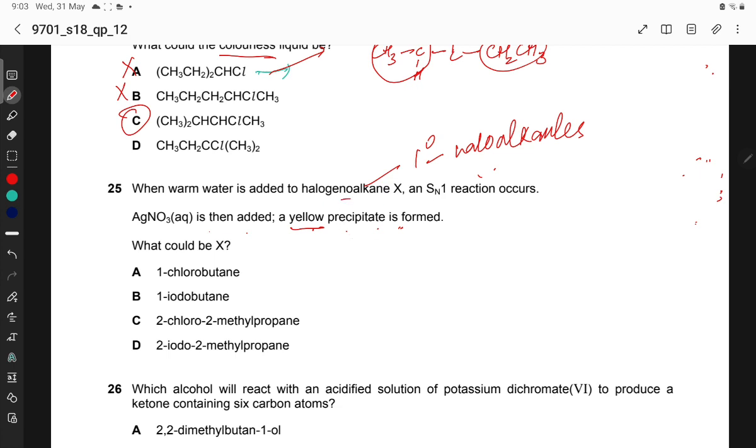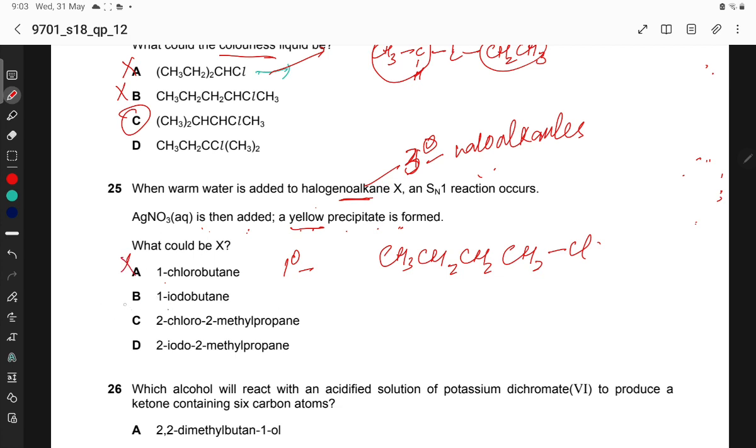So the haloalkane must be tertiary, not primary, so that AgNO3 added gives a yellow precipitate. 1-chlorobutane is a primary haloalkane. The structure is CH3 CH2 CH2 CH2 and Cl. So it is a primary haloalkane, so that's why this option is incorrect.